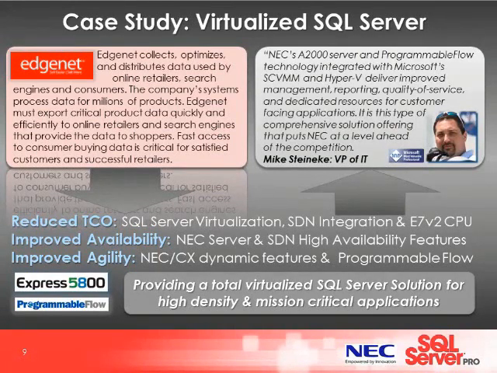Additionally, the ability to dynamically provision not only the NEC A2000 server, but also the network resources at the same time through Microsoft System Center Virtual Machine Manager when configuring virtual machine instances allows EdgeNet to deliver faster agility and respond to customer requests in real time. This is one of the areas where NEC's technology in the server space and in the communications area delivers advanced differentiation that you can't find from some of the other vendors in the industry.